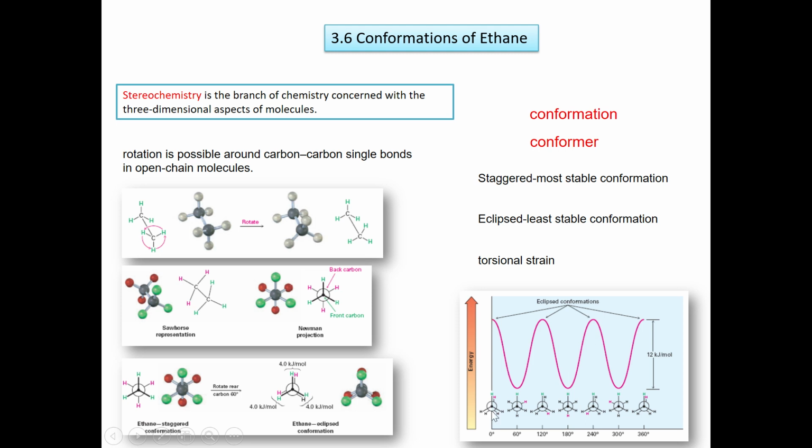Then we rotate, for example, the second atom relative to the first. We rotate a little, and the energy decreases until we arrive at a staggered conformation, where this hydrogen, as you can see here, is in the middle of the two hydrogens of the first carbon. This will be a minimum of energy.